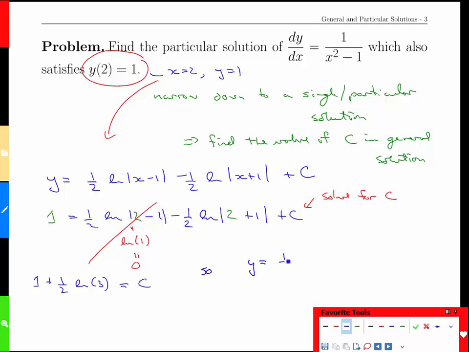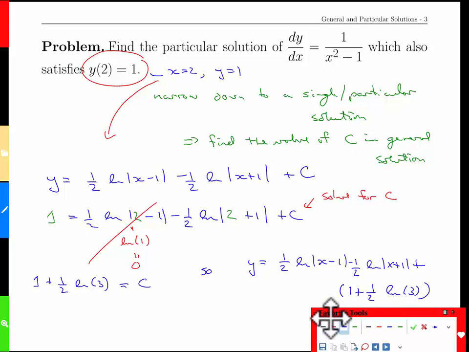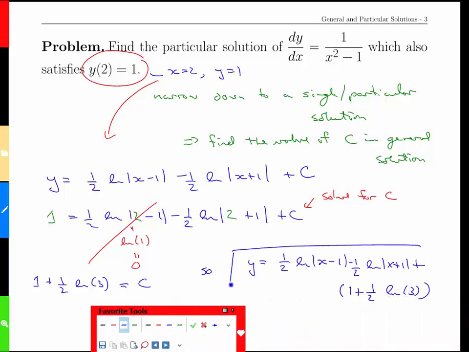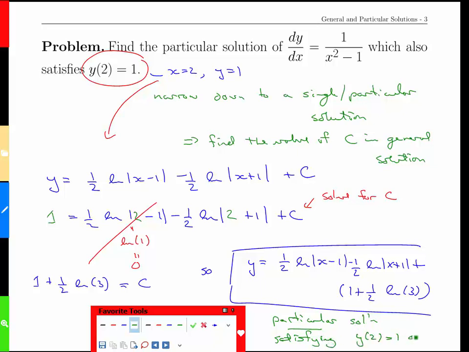So y equals 1/2 ln absolute value of x minus 1, minus 1/2 ln of x plus 1, absolute values, plus, let's put this on the next line, 1 plus 1/2 ln of 3. That would be a particular solution to the same differential equation, but that satisfies the condition that y of 2 must equal 1, as well as, again, the differential equation.